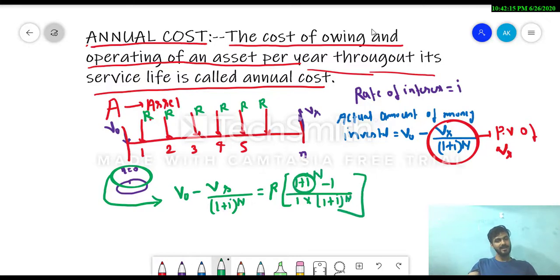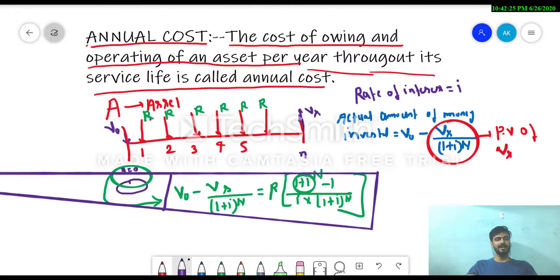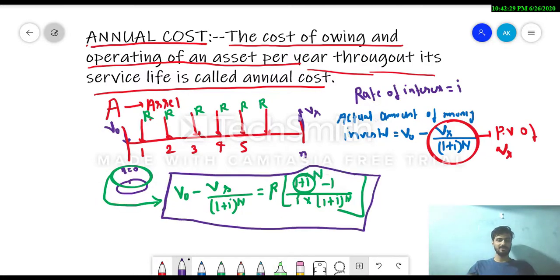I am not writing anything different; already I have told you all these things in my previous lecture. That is the present value formula that you already know from the time value of money. If you see the lecture on the time value of money, then you will be able to understand this formula.